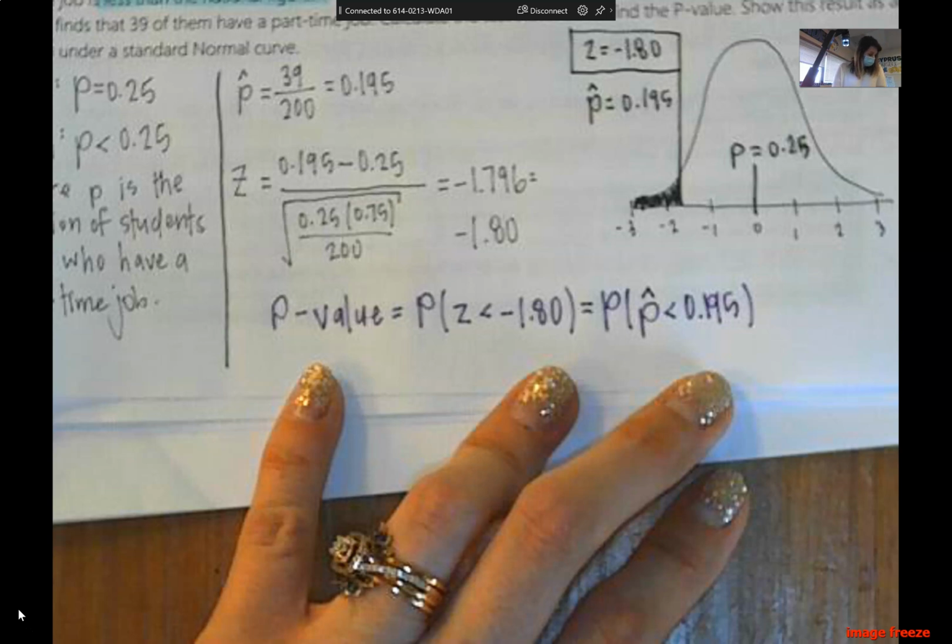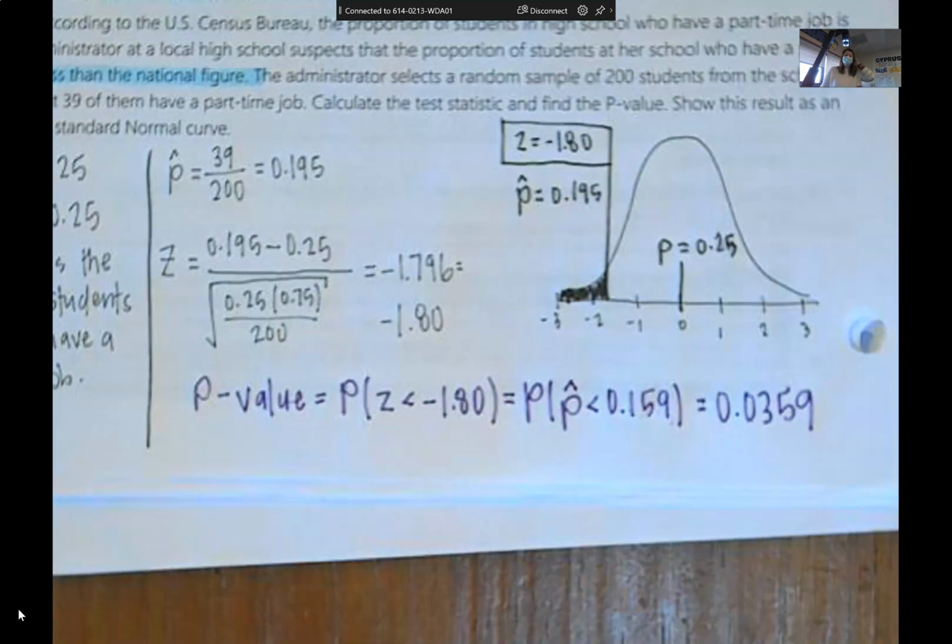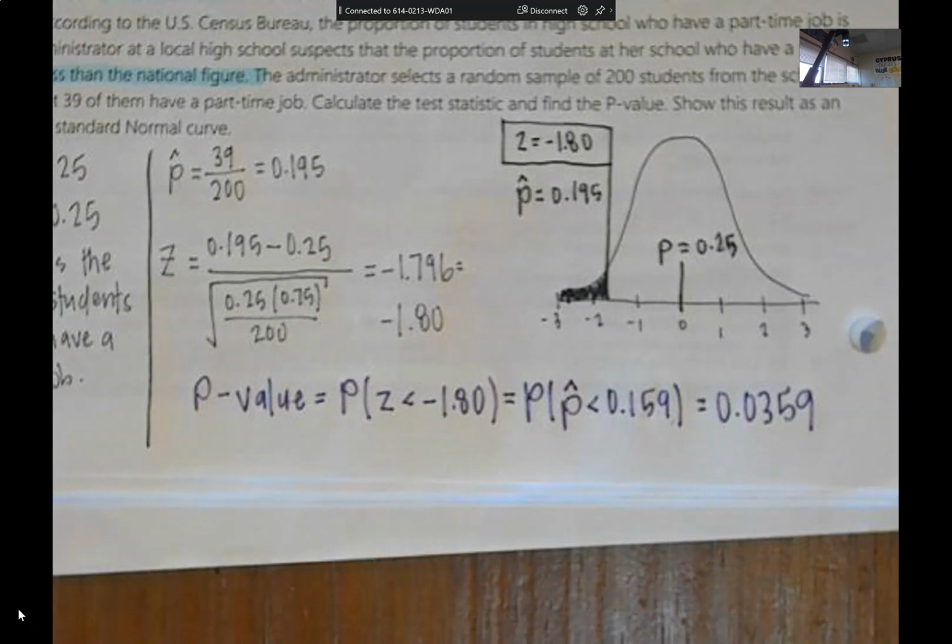That was 0.0359. So the probability that we would have gotten a sample this low if her school matches the national figure is only 3%. Well, 3.6%.